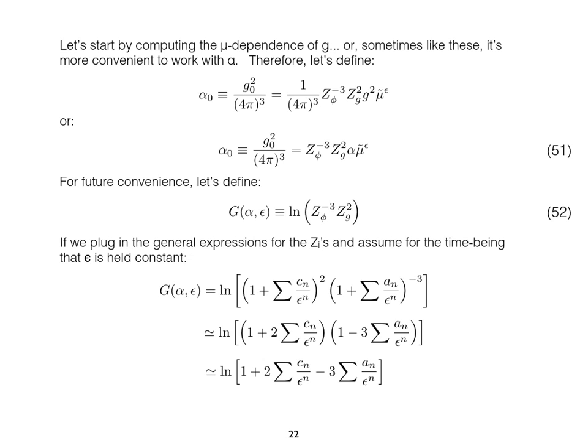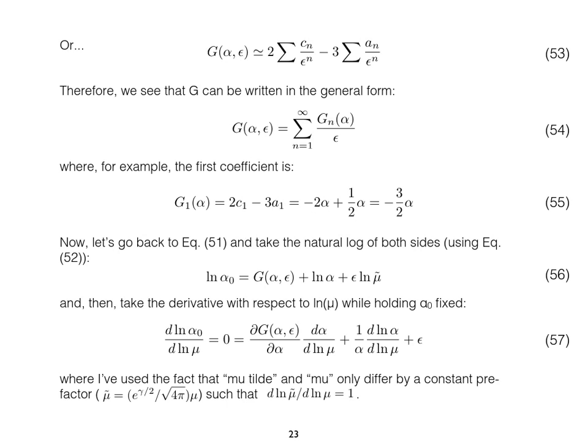I get something that looks like this. And then I just start expanding because I'm assuming that this guy is starting at order alpha. Okay? So I just expand that stuff and I get down to that, and then I can expand that log. And so it tells me that this g of alpha and epsilon, I can write like this. It's just an expansion in the poles. Right? Everybody get what I did?